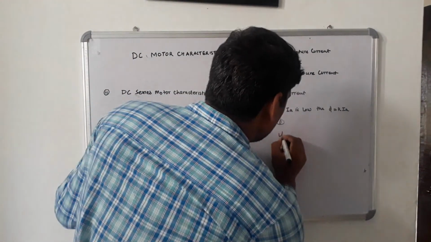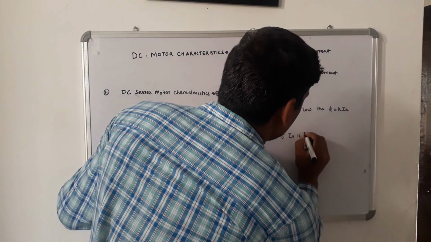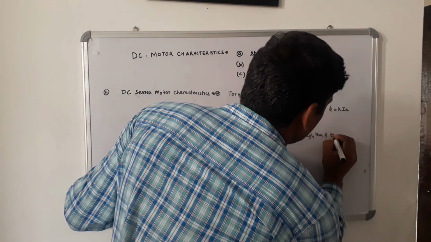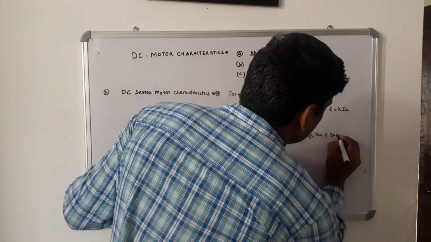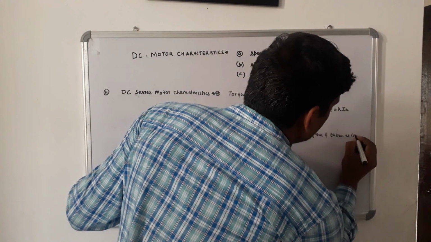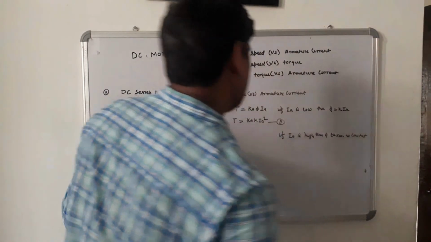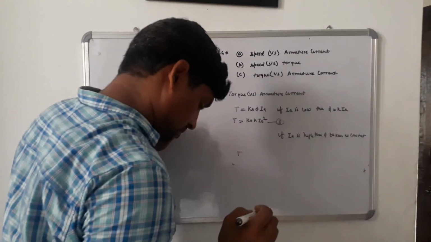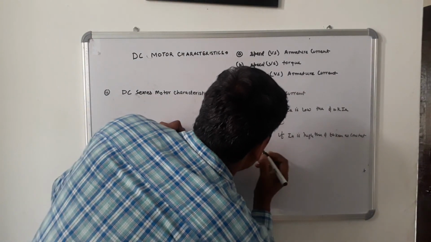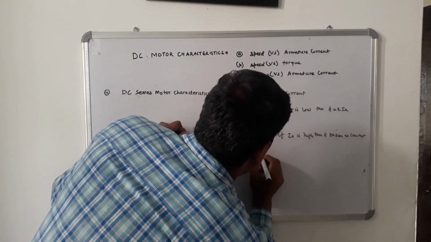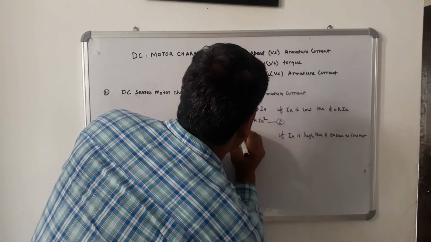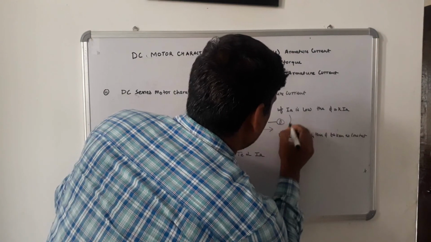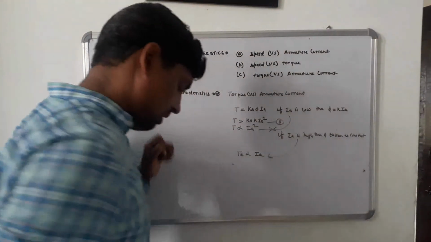If IA is high, then phi is taken as constant, then T is directly proportional to IA. Here T is proportional to IA square for this value and T proportional to IA for this value.